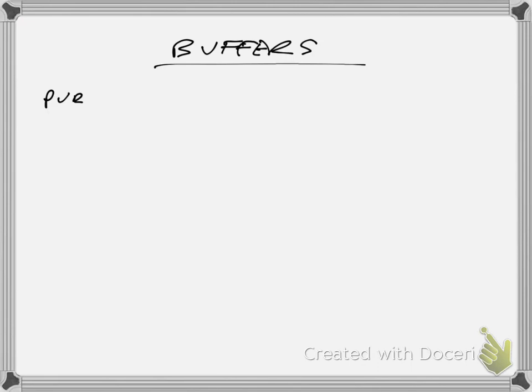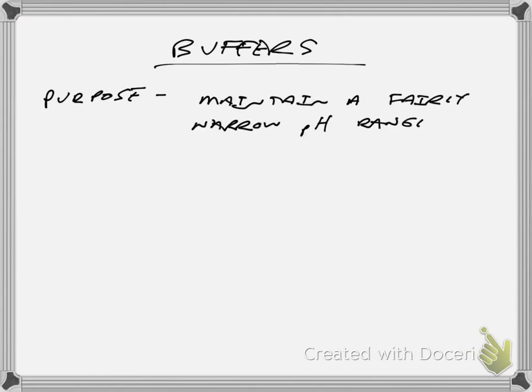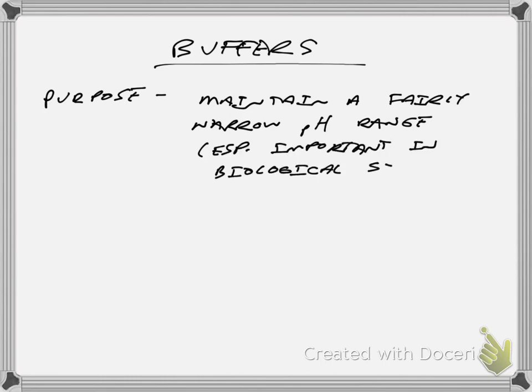So, first of all, the purpose of the buffer solution or the buffer system is to basically maintain a fairly narrow pH range. This is especially important in biological systems, in other chemical reactions that we'll study, but in particular in biology.